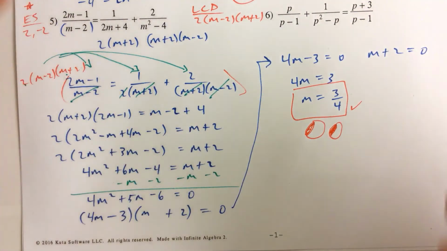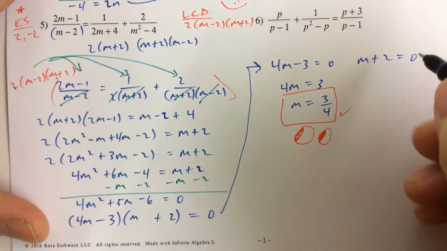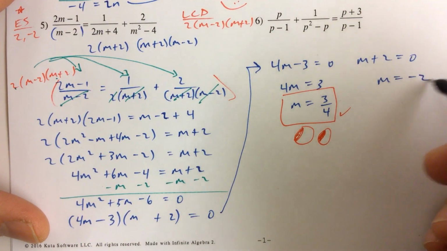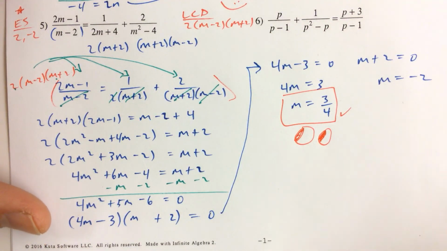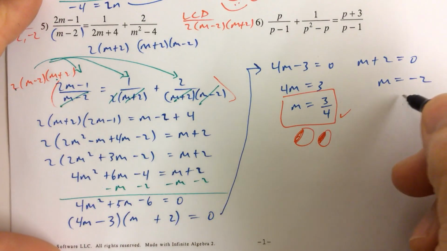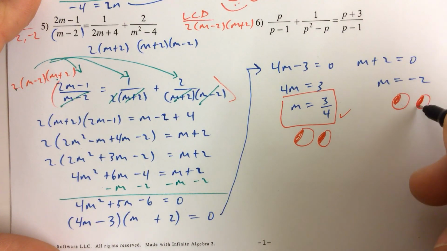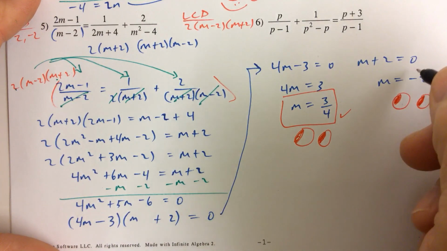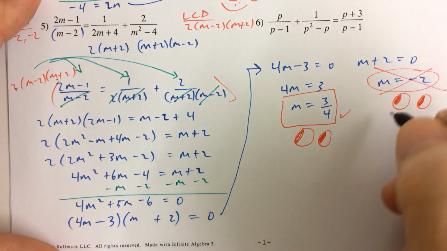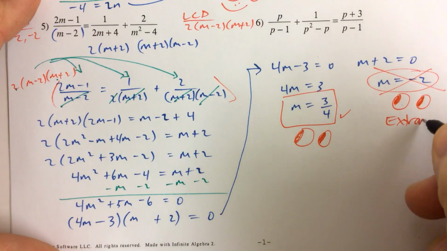That checks out. Over here, however, if we subtract 2 from both sides, we get m equals -2. And when we look back, we see we have -2 listed as an extraneous solution. And so we would say that is extraneous, and that's how we would list that.